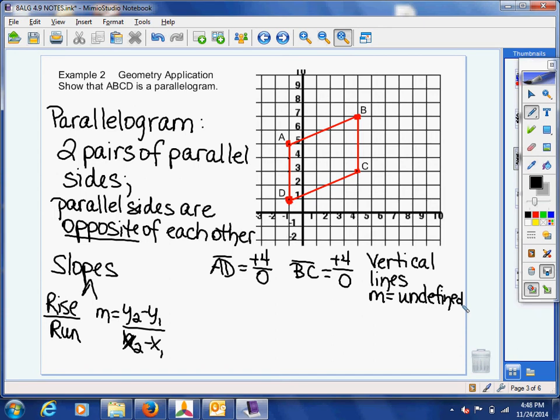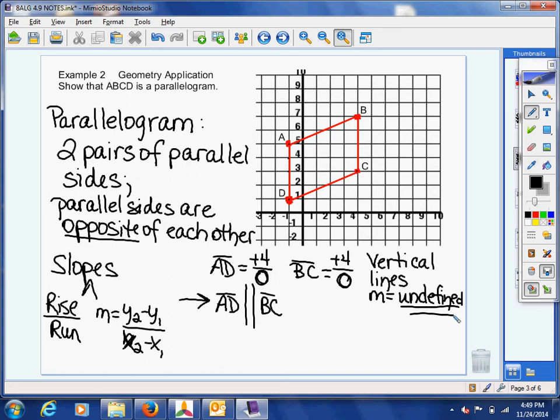In geometry, the way that we write this is we write segment AD, and we do 2 long skinny lines to indicate parallelism. That statement says segment AD is parallel to BC, and I proved it numerically. We're dividing by 0 in both of them, which means they have undefined slopes. Okay, so we've proven one pair of parallel sides.